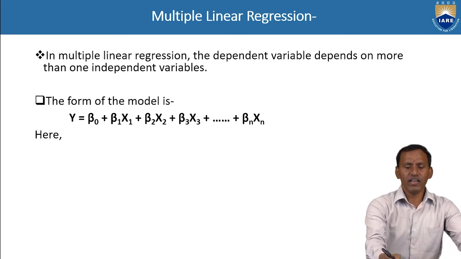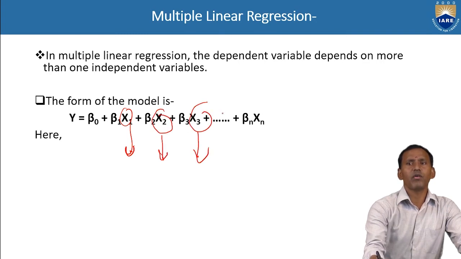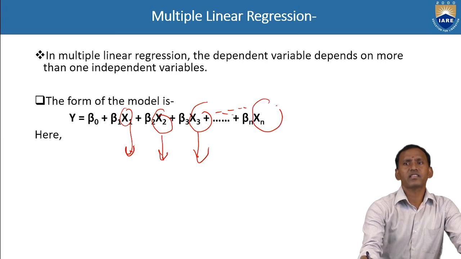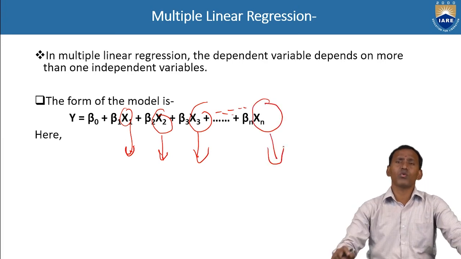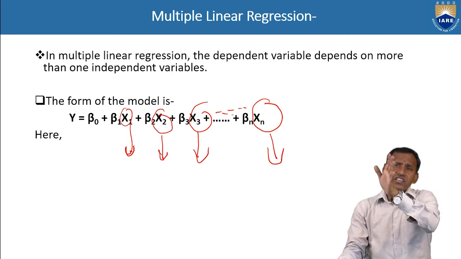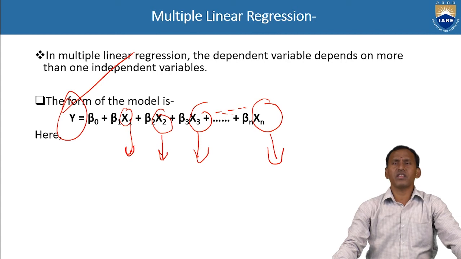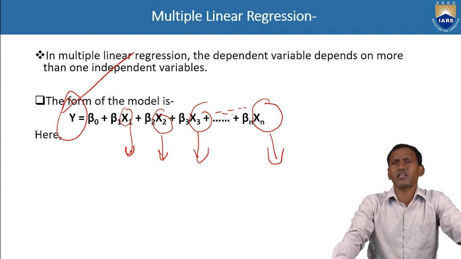This is one independent variable, this one is the second independent variable, and the third independent variable, and so on. X number of independent variables positively or negatively impact the dependent variable Y. That is multiple regression analysis.